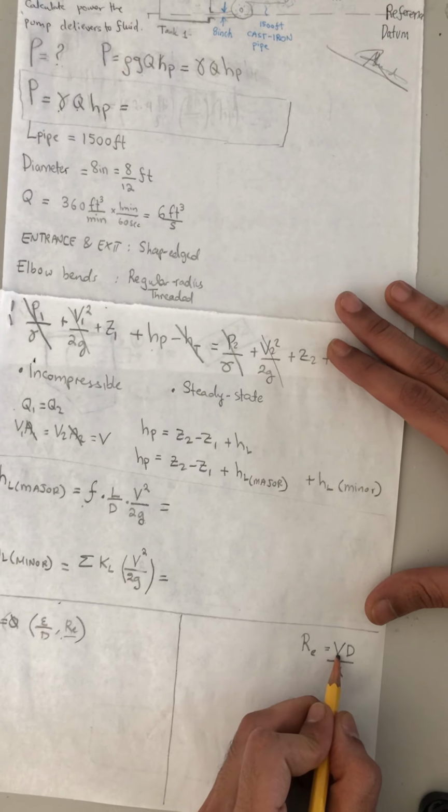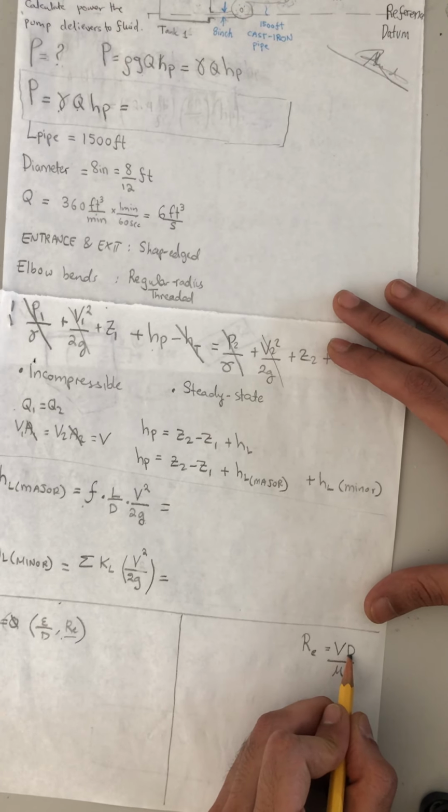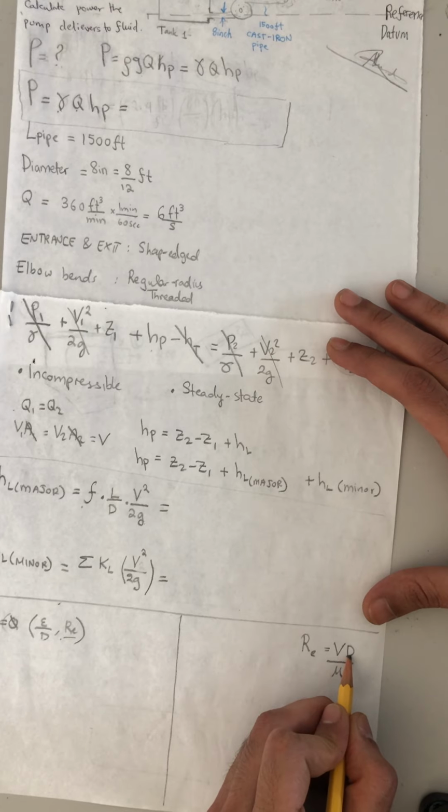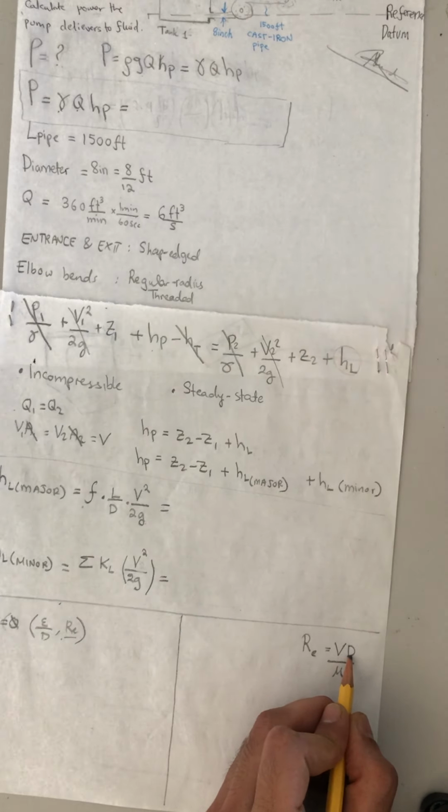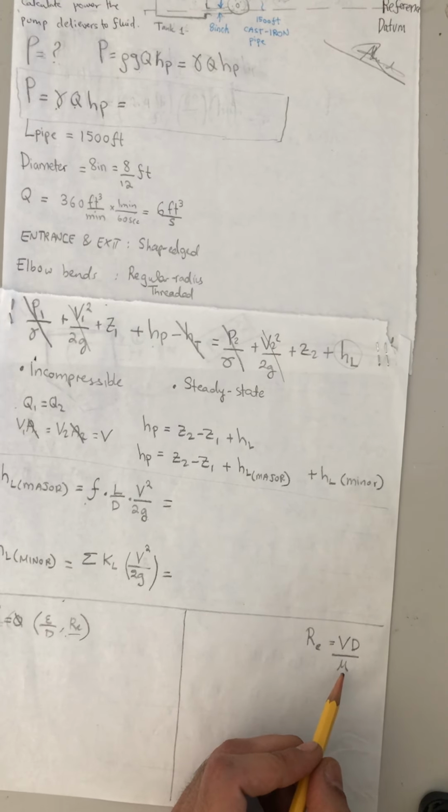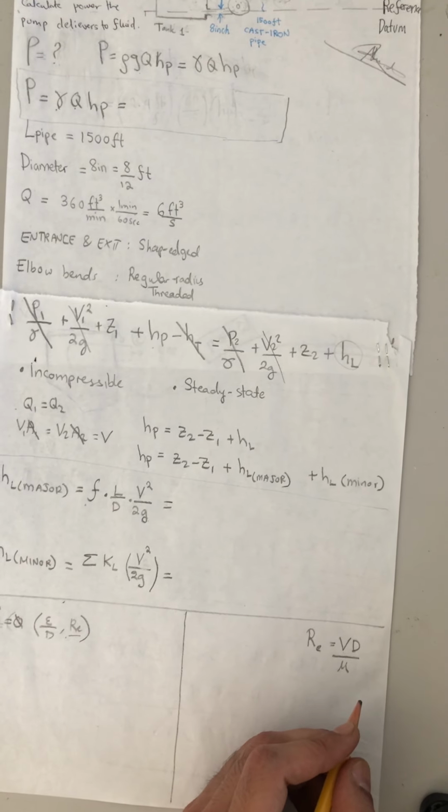This is our fluid velocity, the diameter of our internal pipe, and our kinematic viscosity.